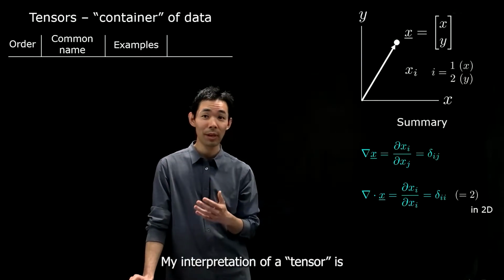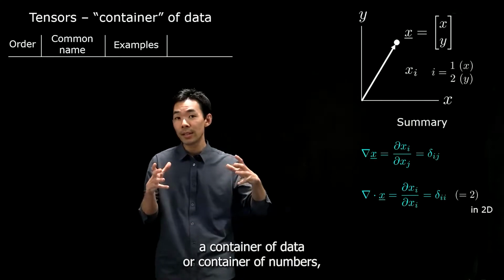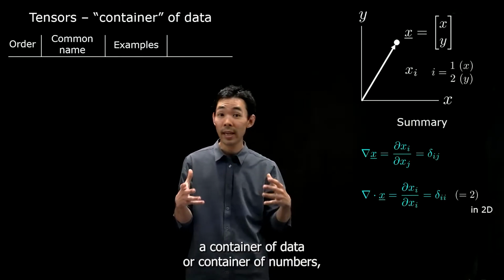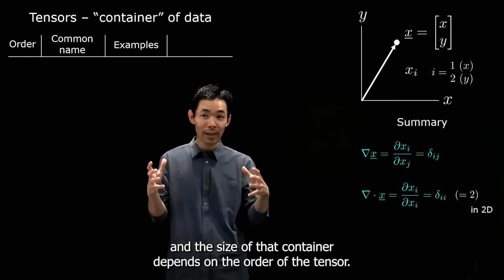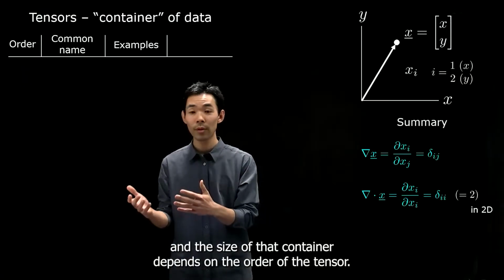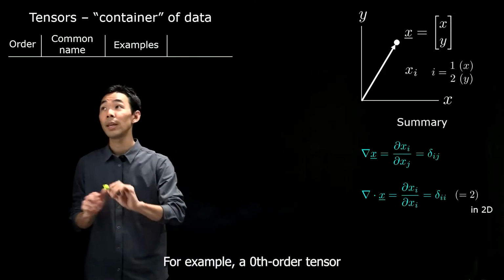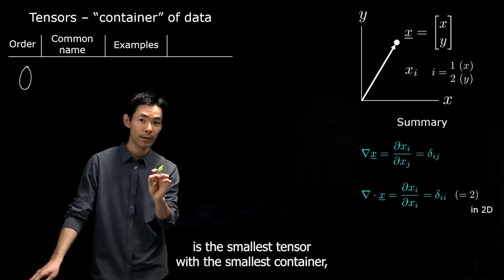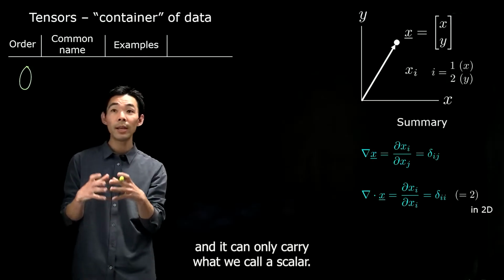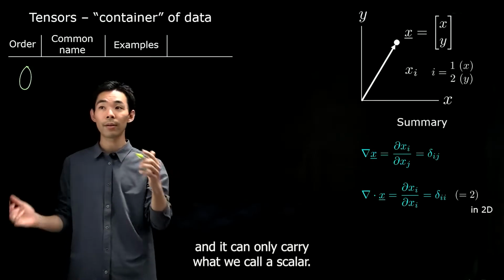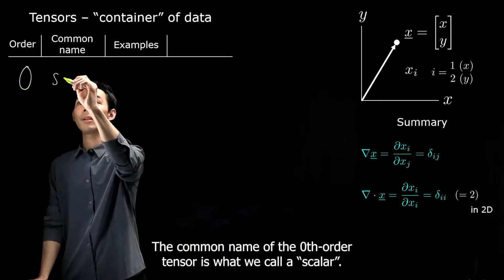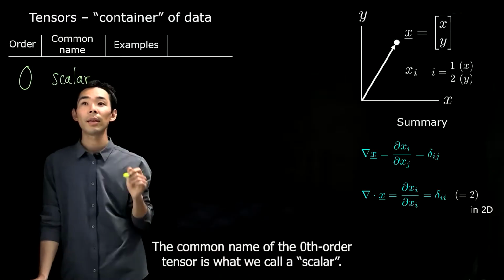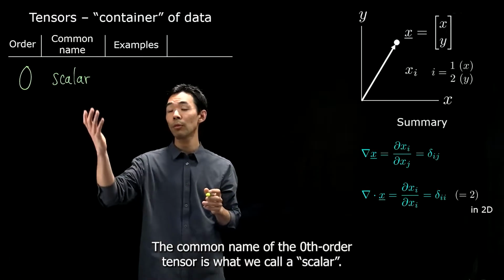So my interpretation of a tensor is to think of a container of data, or container of numbers. And the size of that container depends on the order of the tensor. So for example, a 0th order tensor is the smallest tensor, and it has the smallest container, and it can only carry what we call a scalar. So let's say the common name of a 0th order tensor is what we call a scalar.